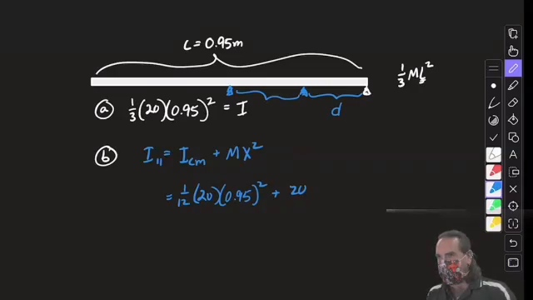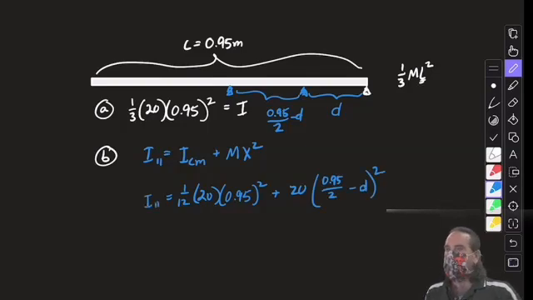And that's the shift you have to make. So 0.95 over 2 minus D is the actual shift. And now this becomes our new moment of inertia.